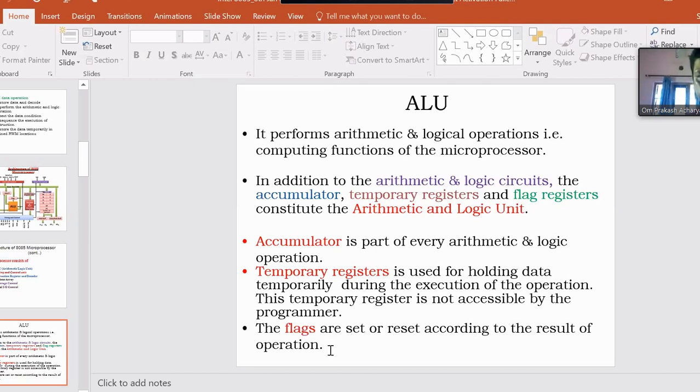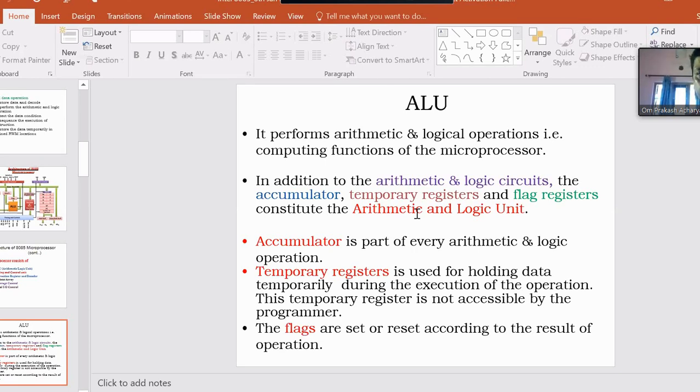That is important. So the ALU is doing all the operations. Whenever the ALU does an operation, it operates on two 8-bit data for addition or subtraction. So one of the data must be stored where? In the accumulator. The accumulator is the main part of your operation.